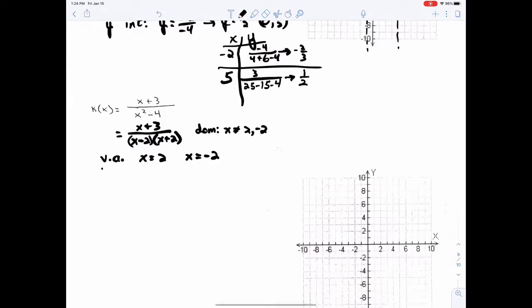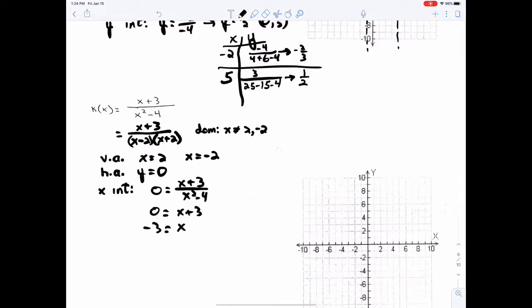Okay, horizontal asymptote. The degree of the top is smaller than the bottom, so it's y equals 0. Okay, let's look for the x-intercept. For the x-intercept, I'm going to put 0 in for y. Okay, get rid of the fractions. Multiply both sides by the common denominator. So we have x equals negative 3, so we have negative 3 comma 0.